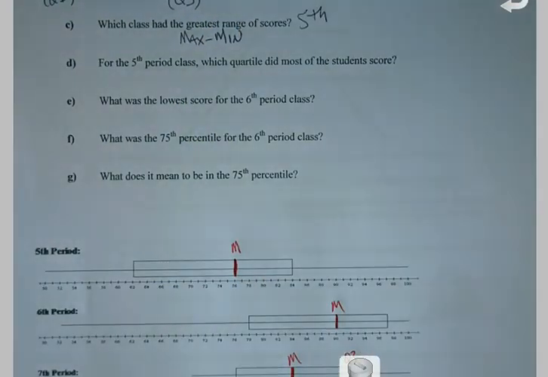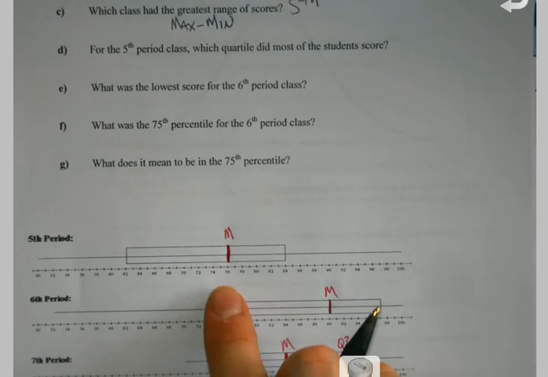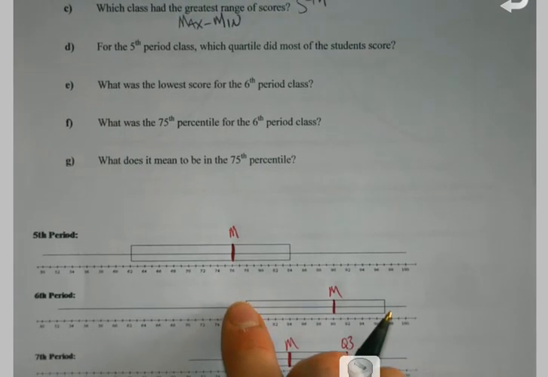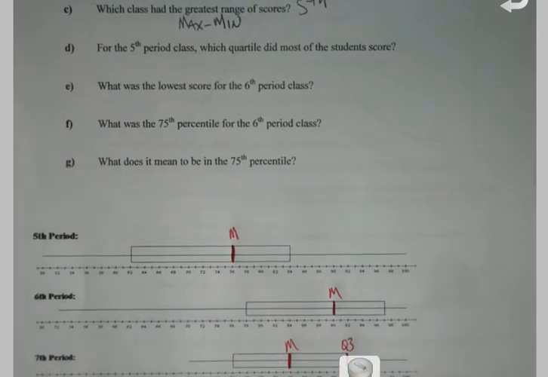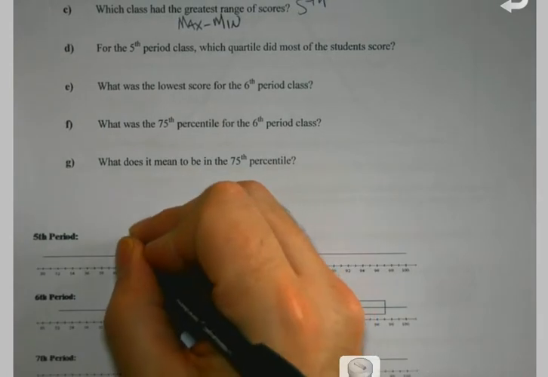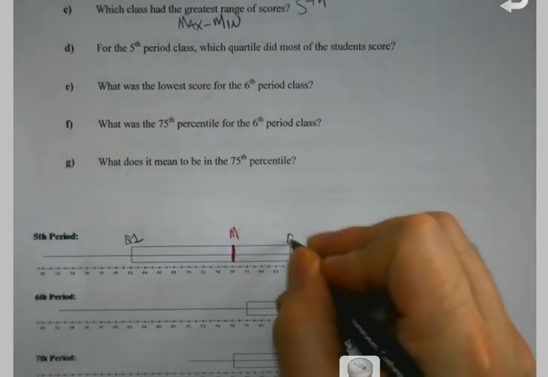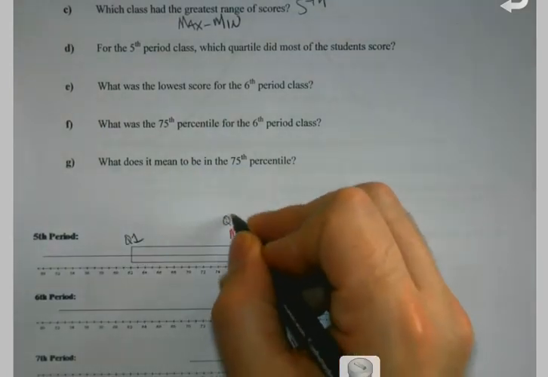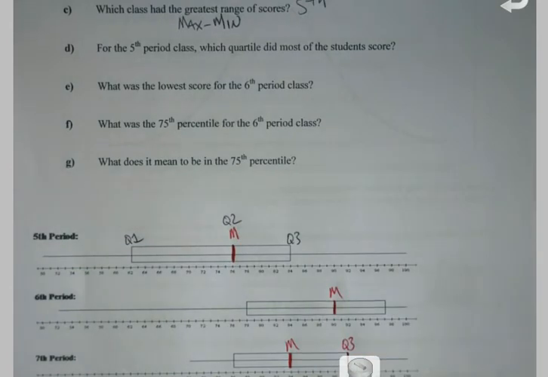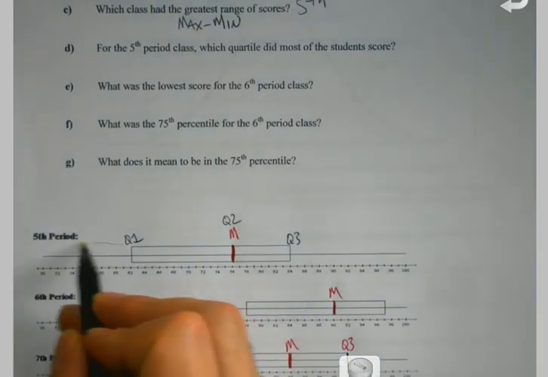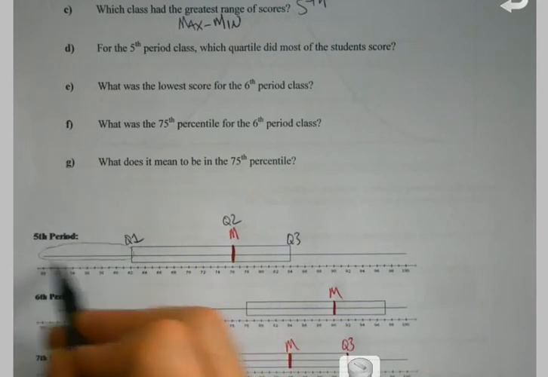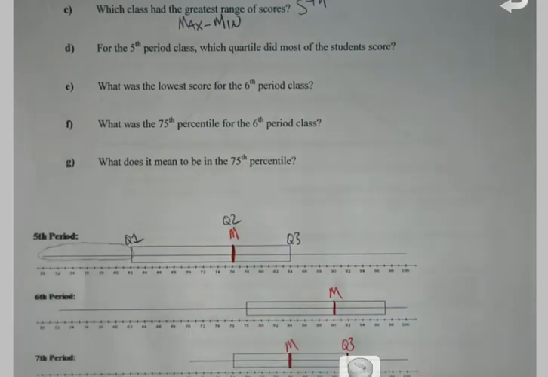Okay, for the 5th period class, which quartile did most of the students score? Now again, we know that we have labels for quartile 1, quartile 3, and the median could be called quartile 2. But when we're looking to say, okay, this area right here represents my first quartile, we only label the top value.